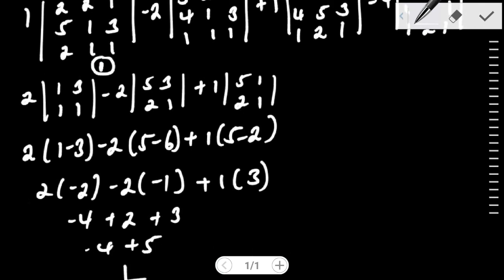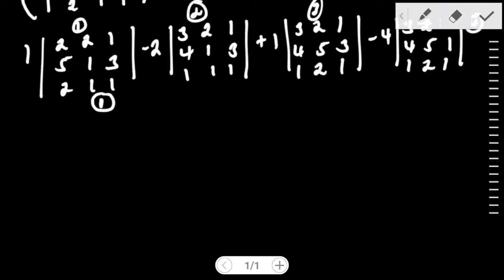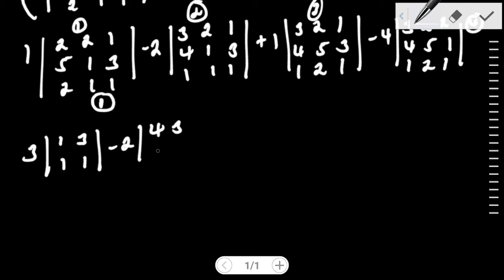Now let's go to the second matrix. I'm having 3 times the matrix 1 3 1 1, minus 2 times 4 3 1 1, plus 1 times 4 1 1 1.